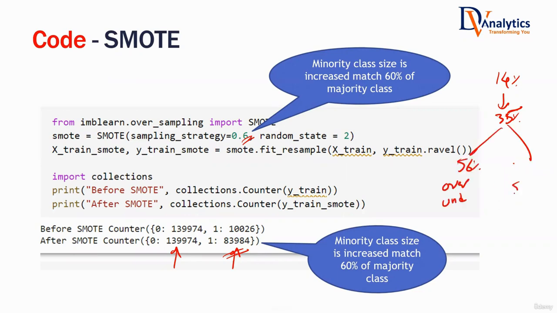From SMOTE technique, what is the specificity that you got? Again, here it is 56%, is it? Even for SMOTE specificity, 58, a little better.